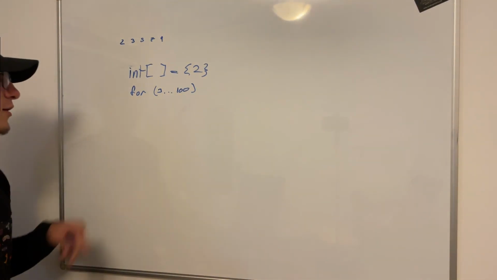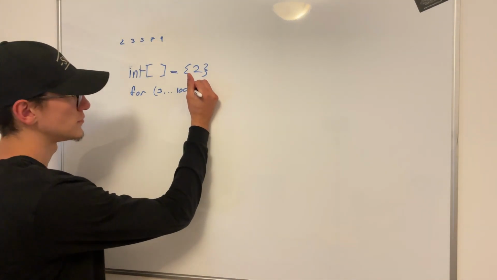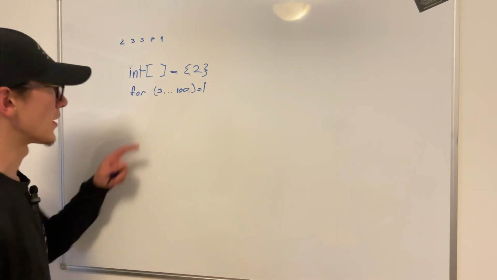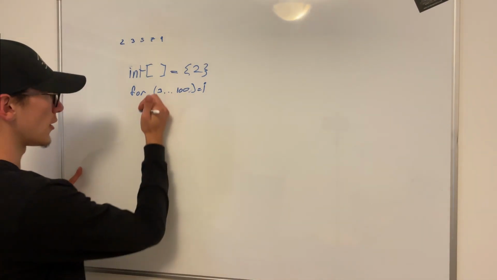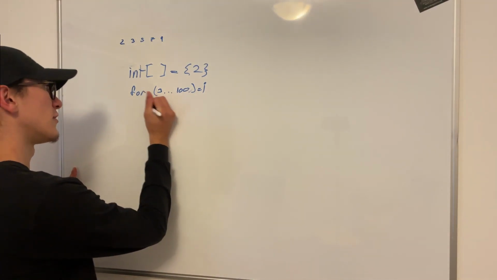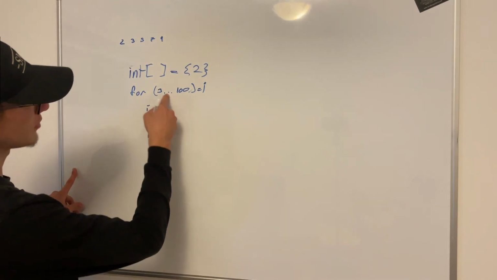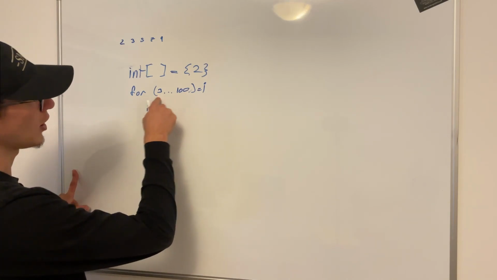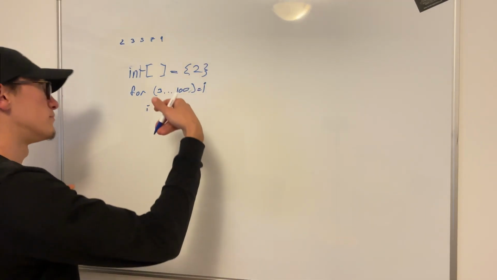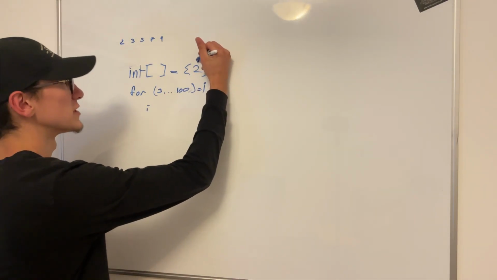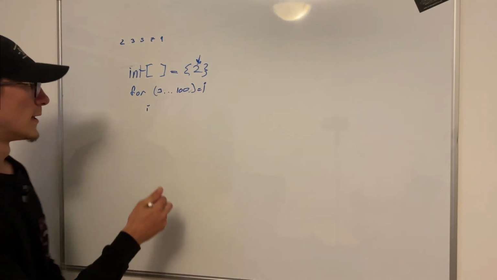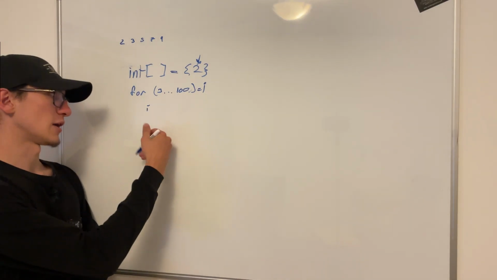Okay, so let's do i. We can do jumps of 2, so we go from 3 and only do odd numbers, because we know all even numbers are divisible by 2, so they won't be prime numbers apart from 2. But let's not care about it.